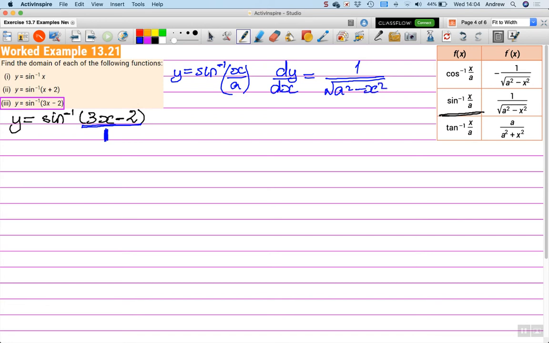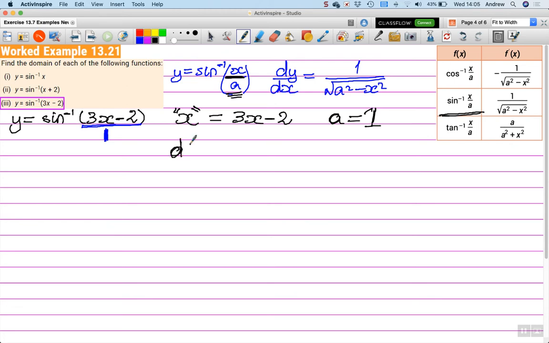So we're doing a comparison. The x in the formula, which I'm going to use inverted commas to highlight, compares directly with the 3x minus 2 in the question. The a in the formula compares directly to the number 1. That's the first two bits done.